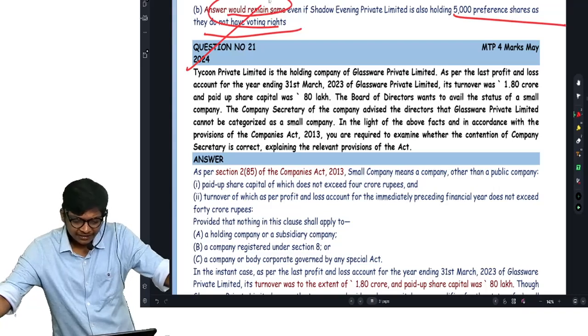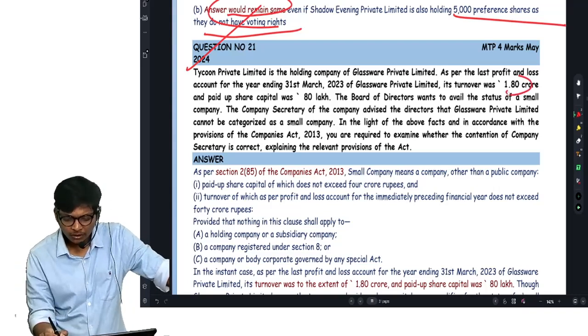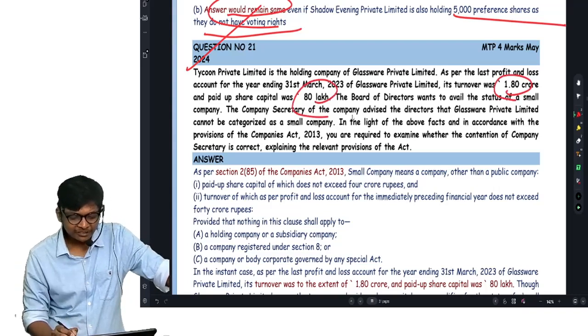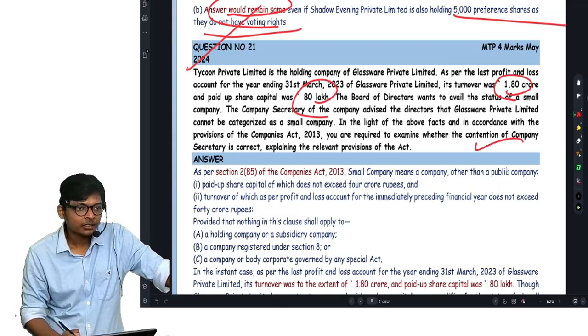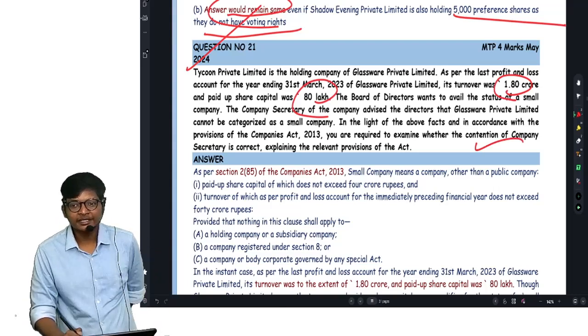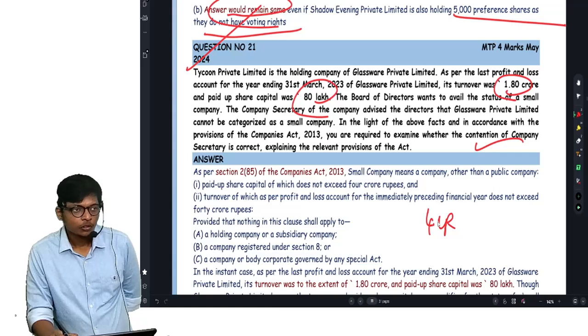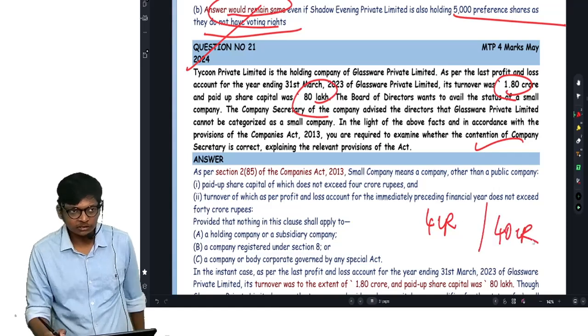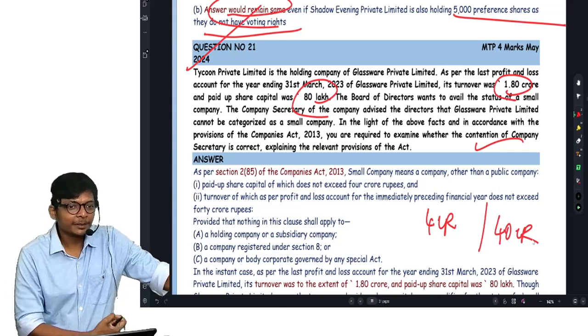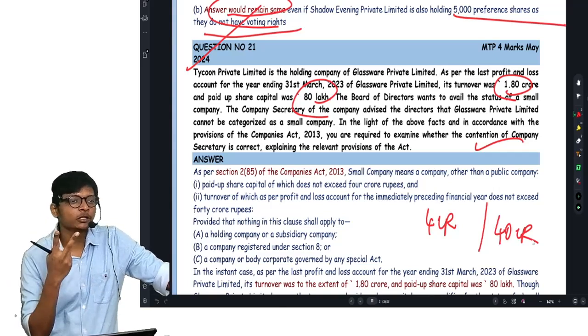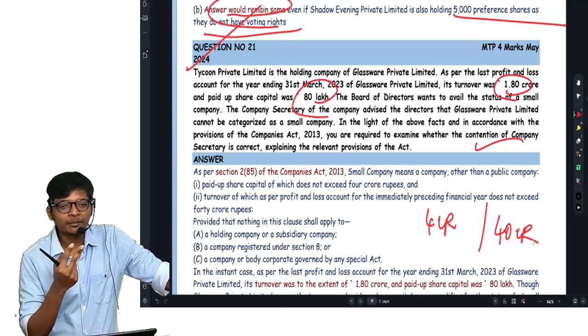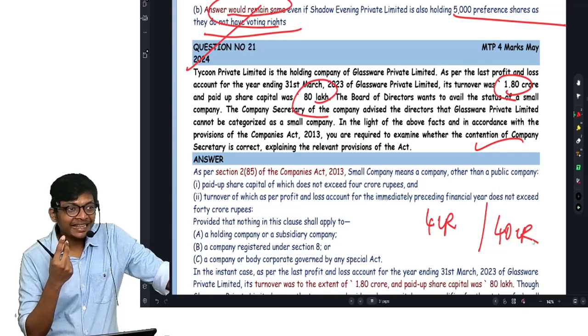What is the question, guys? They gave turnover and they gave paid up share capital. Is it a small company? Yes or no? What is the small company limit? Paid up share capital is 4 crores. Turnover is 40 crores. You have to remember, you have 2 limits: one is small company, one is small LLP.